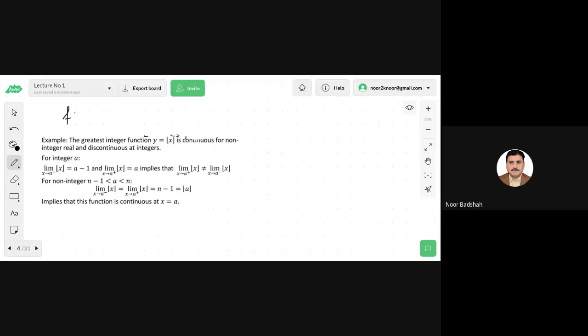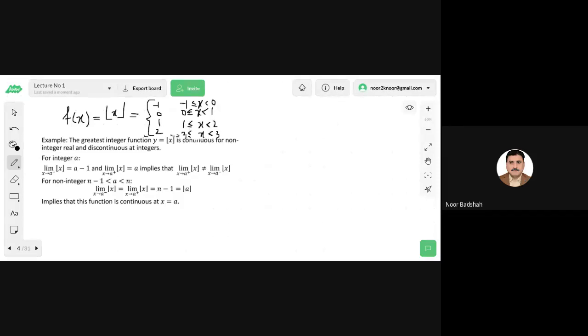So f of x, which is greatest integer function, is defined as, if you remember, 0 when x is between 0 and 1, 1 when x is between 1 and 2, 2 when x is between 2 and 3, including 2 and excluding 3, -1 if x is between -1 and 0, and so on.